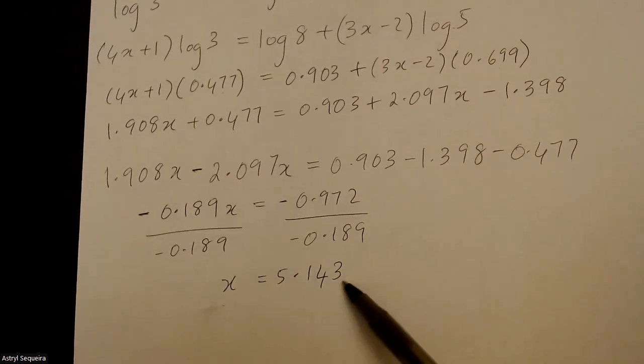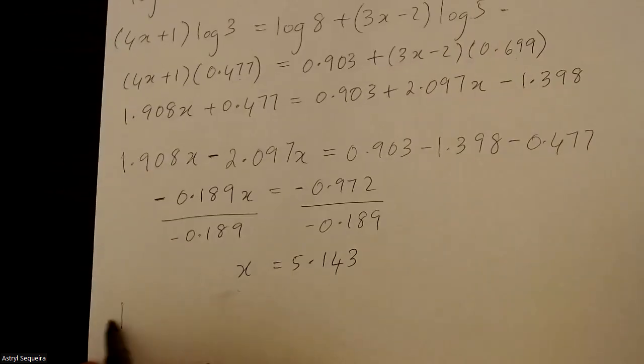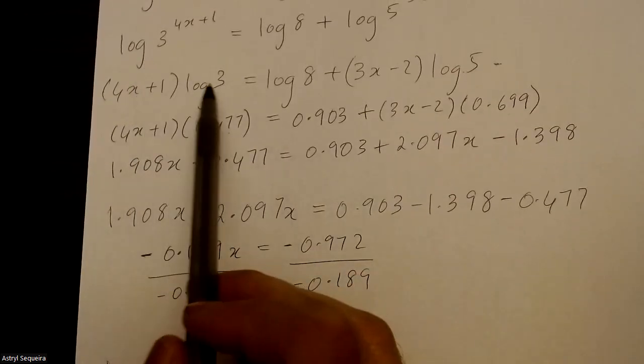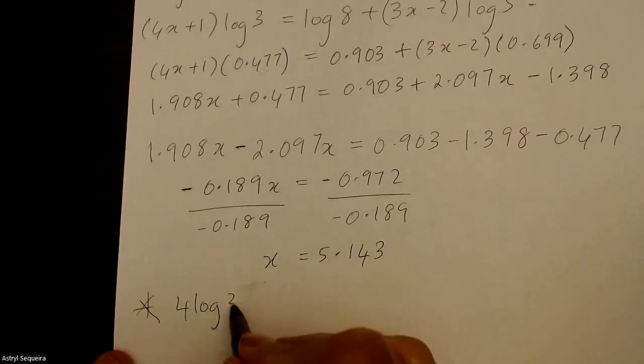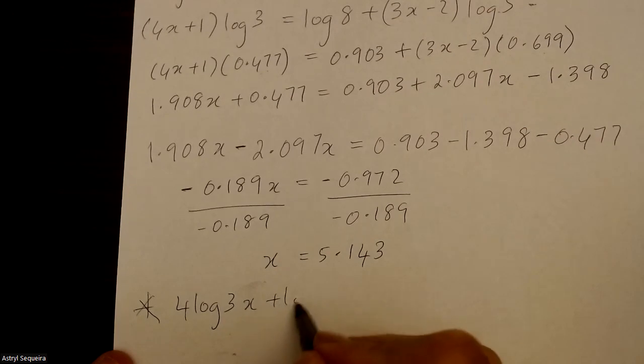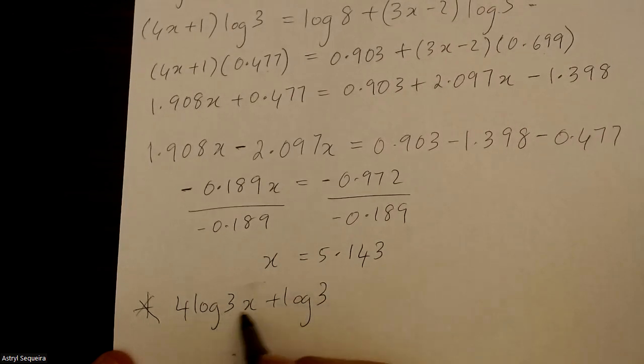So if you don't think this is a good enough answer, I'm going to continue from this step on the bottom over here. So if I multiply log 3 into this bracket, I get 4 log 3x plus log 3. And remember, this x is not being logged.